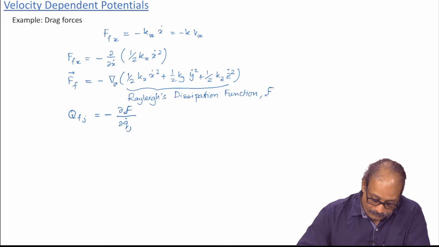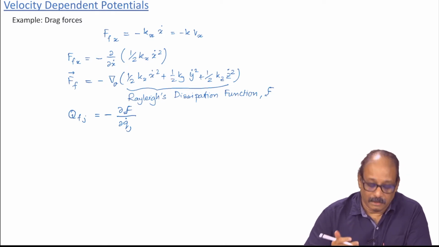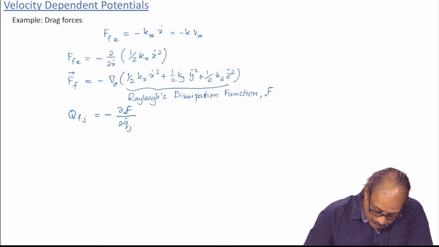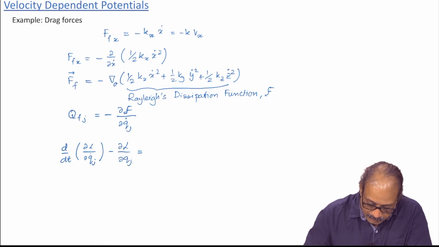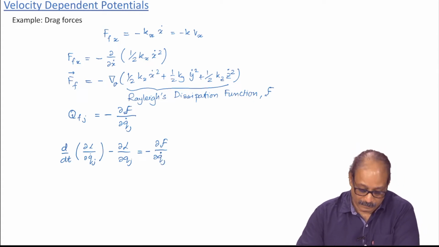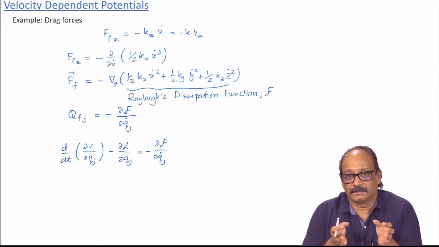So, if in the Lagrange equation you have these kind of forces present, then you have del L by del qj dot minus del L by del qj, and on the right hand side you have minus del F by del qj dot. Okay. So, what does the Lagrangian contain?